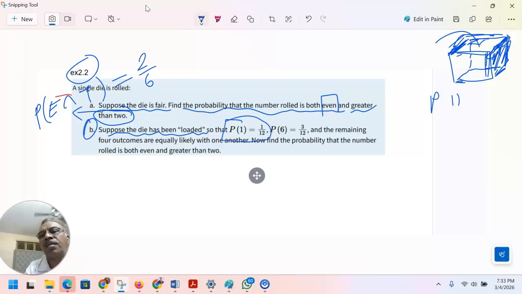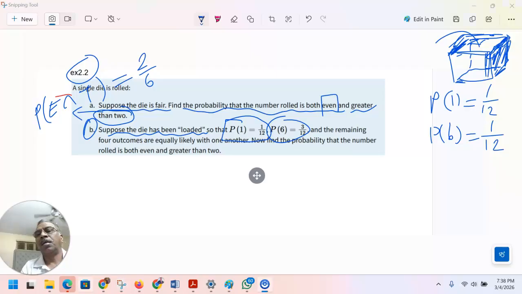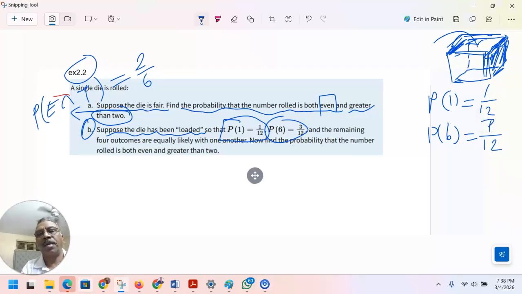The probability of 1 is given as 1 over 12, so this is 1 out of 12. And the probability of 6 is given as 3 out of 12.